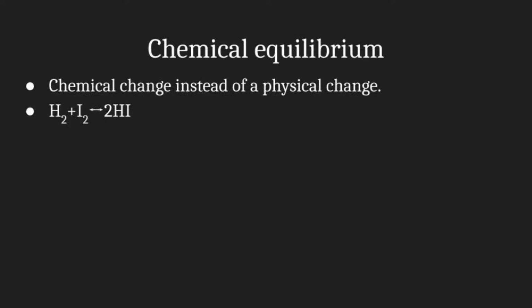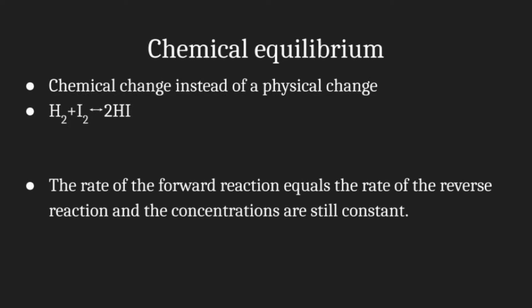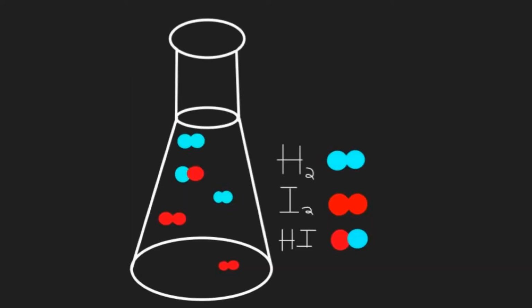And just like always with equilibrium, the rate of the forward reaction is going to equal the rate of the reverse reaction, and the concentrations are still constant. Even though there's a chemical change, what equilibrium means here doesn't change. So here's what's occurring at the particulate level. Here we can see we have 2 gaseous H2 molecules and 2 gaseous I2 molecules, and then 1 gaseous HI molecule.